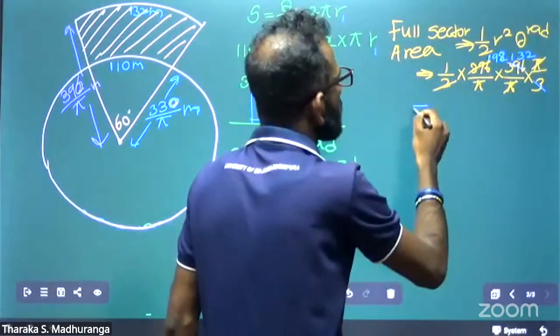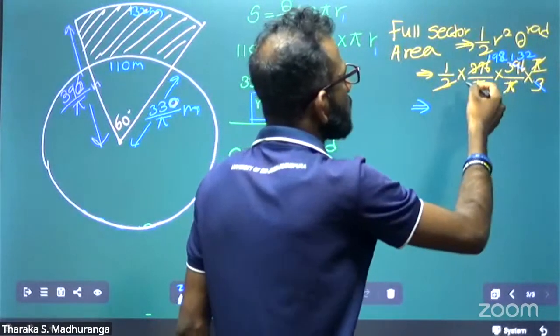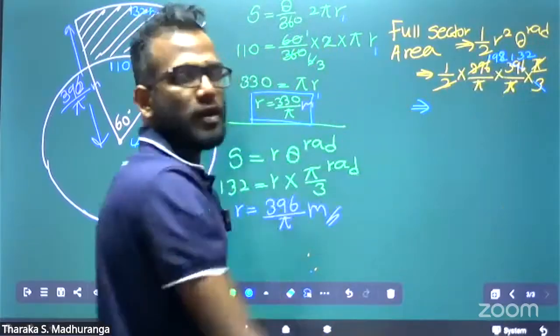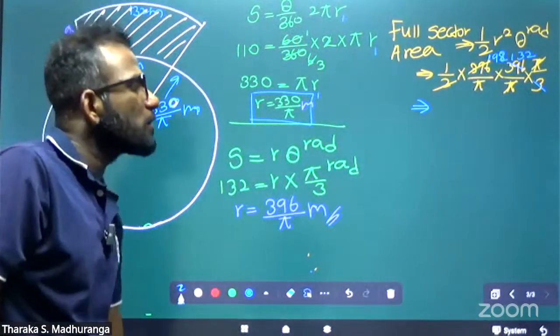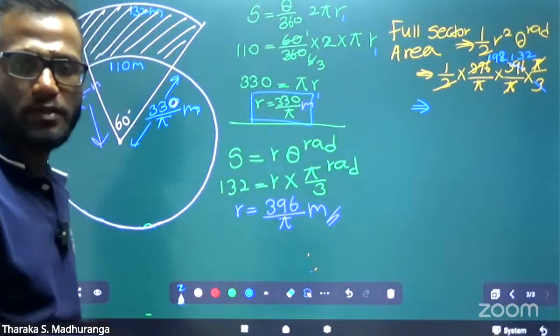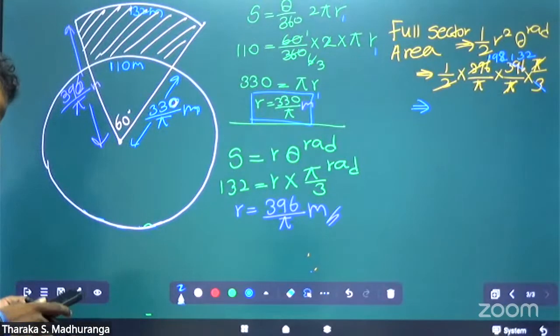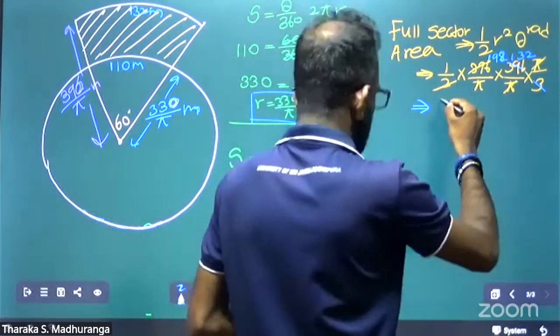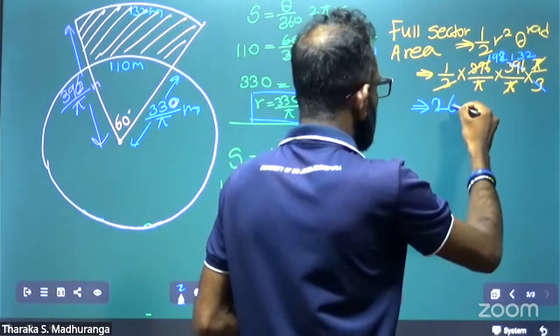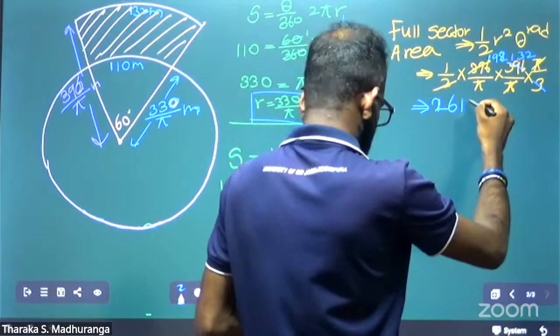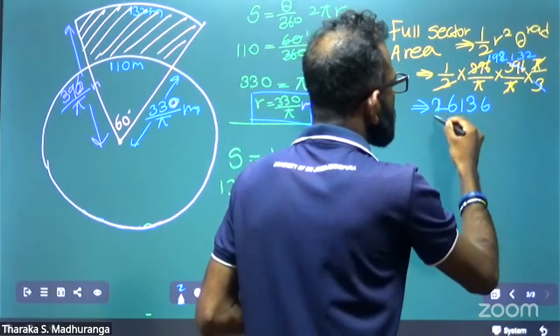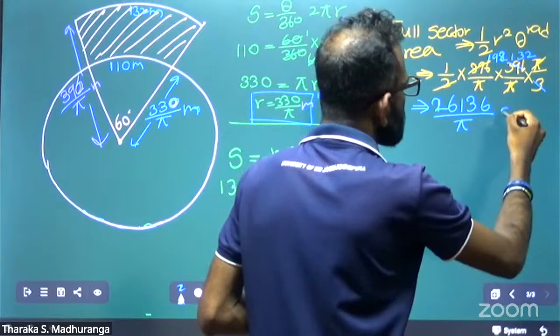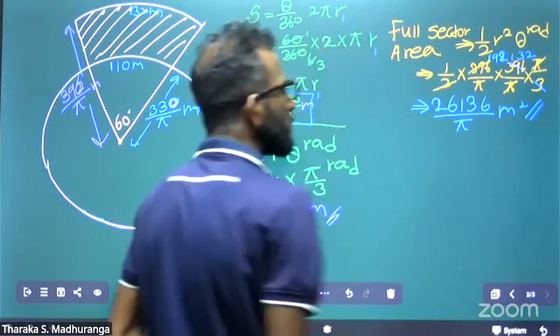Now you can get the full sector area: 198 into 132 divided by 5, which is 26,136 divided by 5 square meter. This is the full sector area.